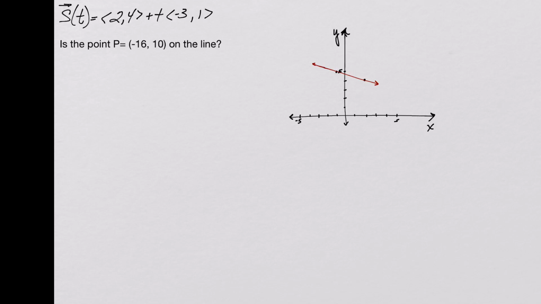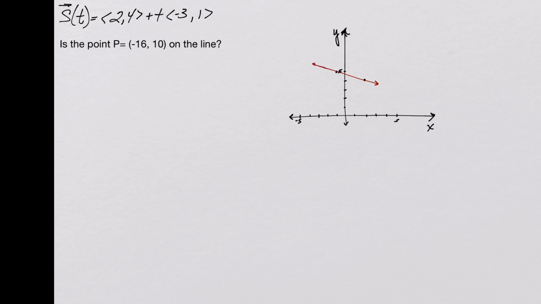A lot of times students want to determine if the point is on the line by sketching it. That's easy if we only give you 2 dimensions, but if it's a 3-dimensional problem, if we include the z component, then drawing becomes very challenging. So we've got to be able to solve this algebraically.